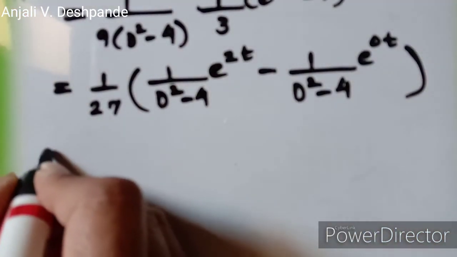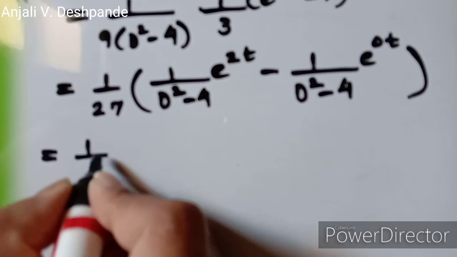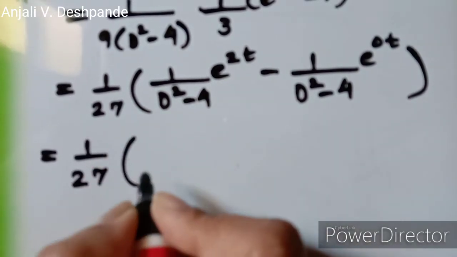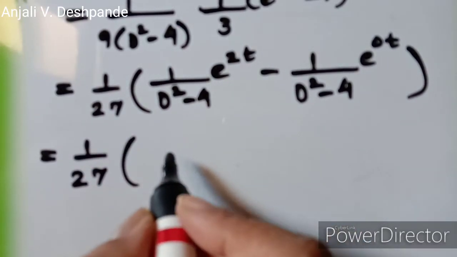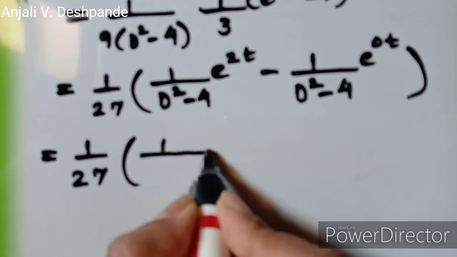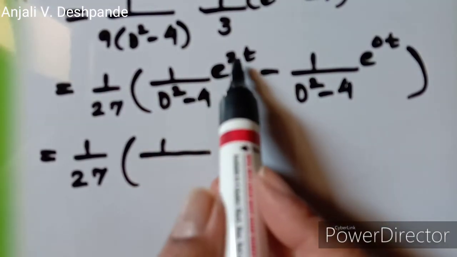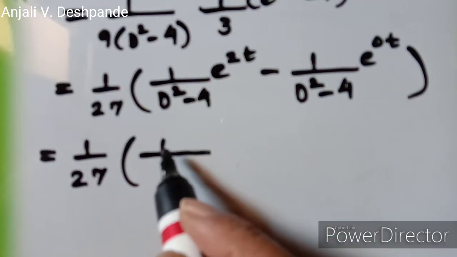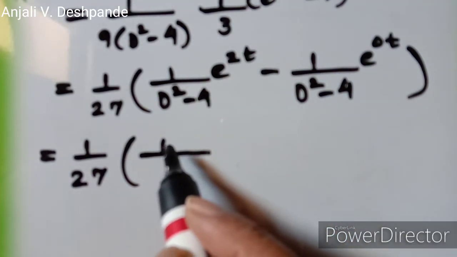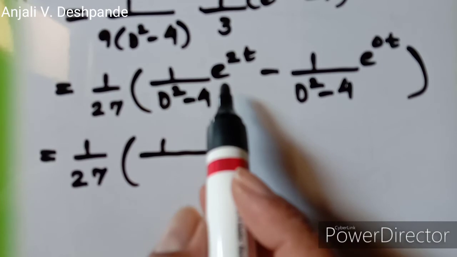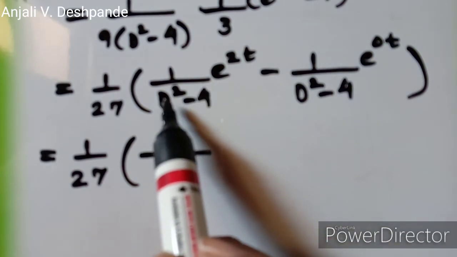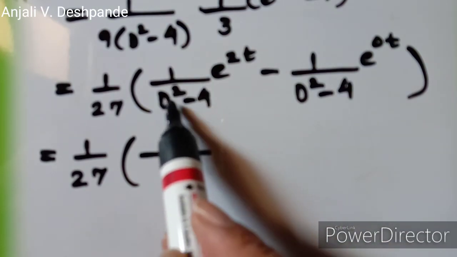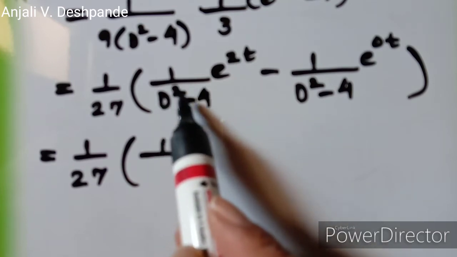So this is equal to 1/27 into bracket 1 divided by, we are going to use the formula for e^(ax). If we substitute over here the value of D as 2, then this term will become 0.